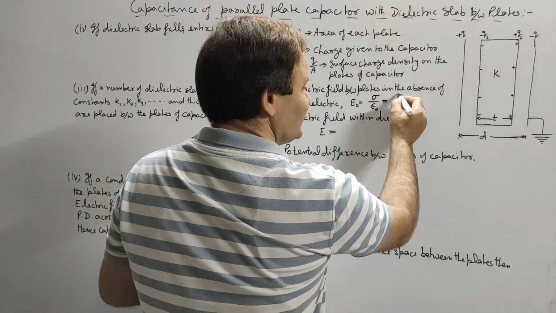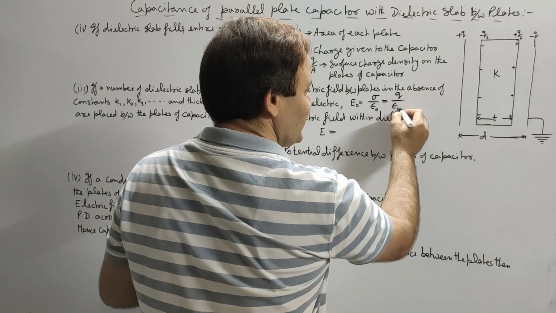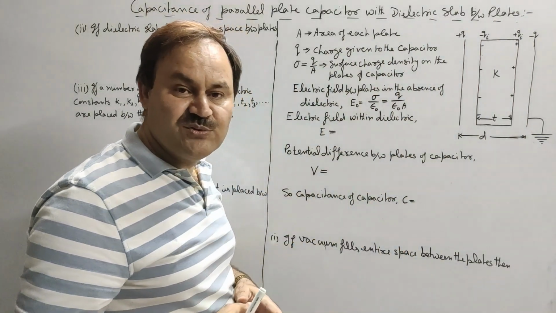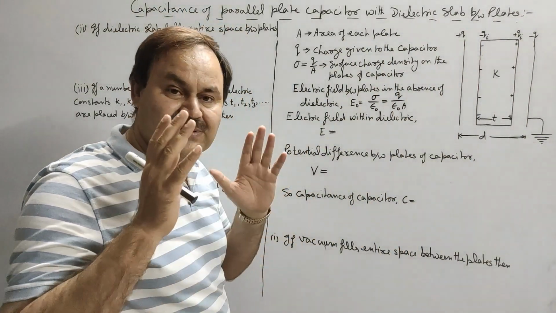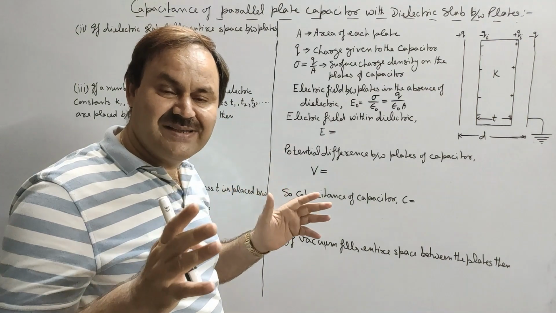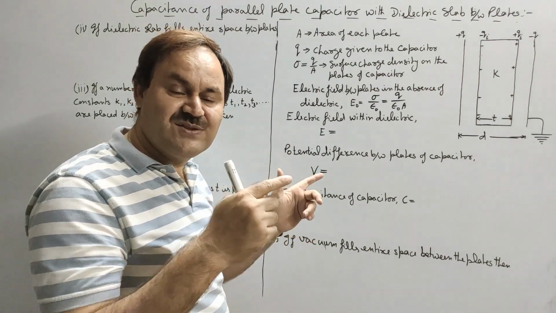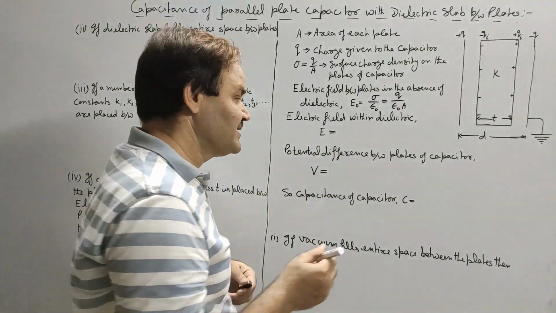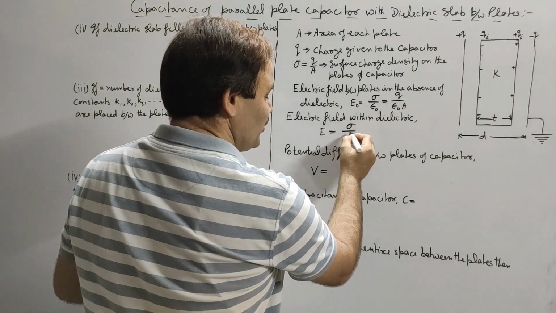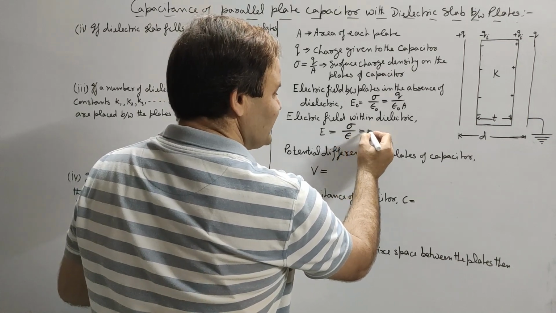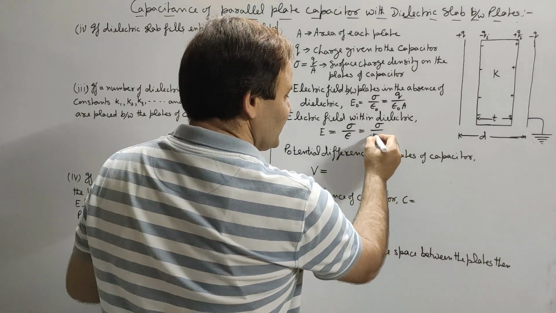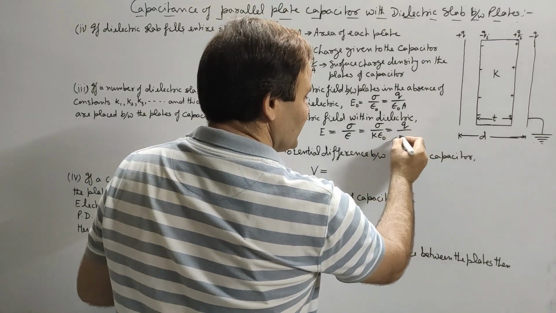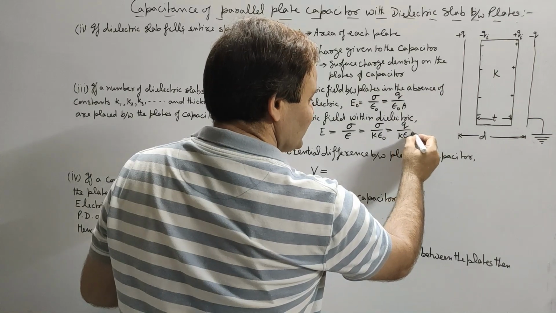Sigma is Q by A, so it will become Q upon epsilon naught A. When the dielectric slab is introduced between the plates, the net electric field within the dielectric, that is the difference of the applied field and the field due to induced charges, will be sigma upon epsilon. It means sigma upon K epsilon naught, that is Q upon K epsilon naught A.